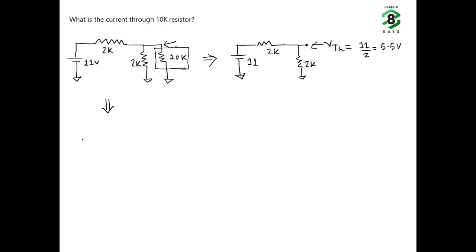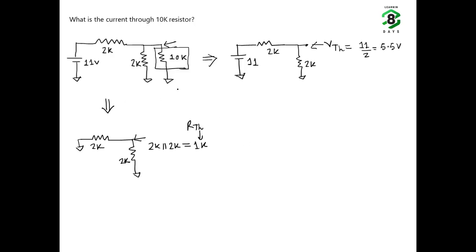To find it, the procedure is the voltage source should be replaced by ground, and from this point we are going to find out the effective resistance. So what is the effective resistance? 2K and 2K in parallel. So essentially the effective resistance is 1K, and this is called R Thevenin.